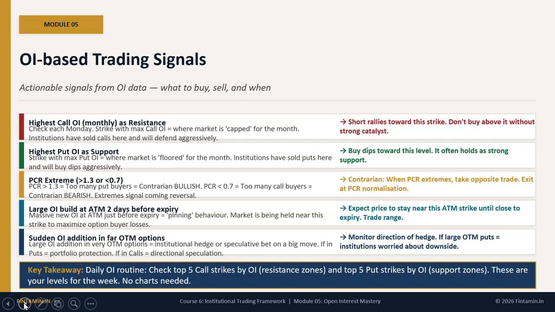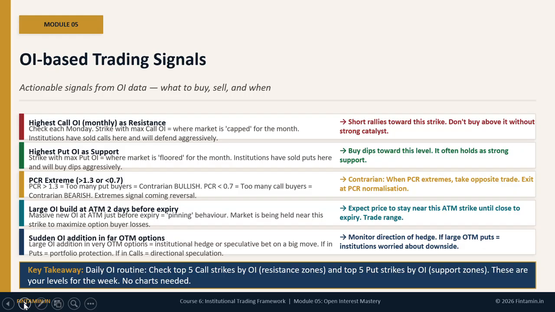Signal number 2 is highest put OI as support. The strike with highest put OI is where writers defend the downside. Buy dips towards this level, especially when PCR is above 1. Signal number 3 is PCR extreme above 1.3.